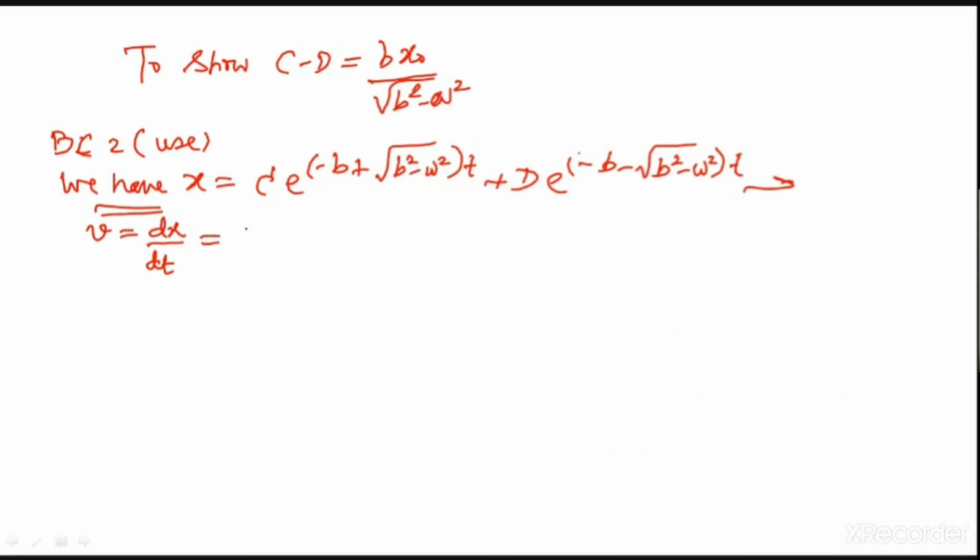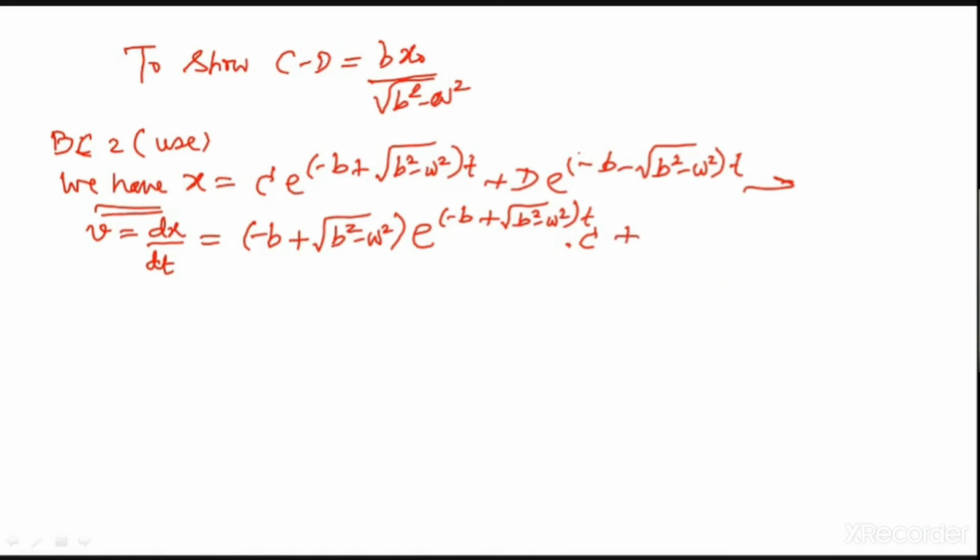So it is minus b plus root of b square minus omega square into e to the power of minus b plus root of b square minus omega square into t, into C, isn't it?